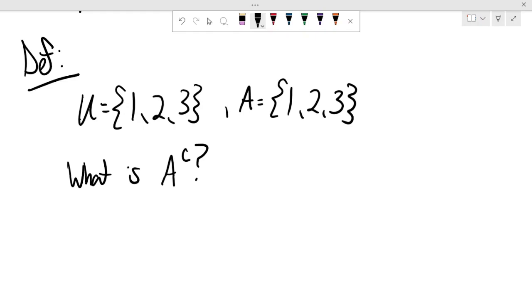So A complement would be all the points that are in U such that they're not in A. But here we don't have any because all of the points in U are also points in A. In other words, A is equal to U. So A complement would be what we call the empty set. So A complement is equal to the empty set. Okay. Well, we don't normally put the set notation around it. So it looks something like this. So typed, it looks just kind of like a 0 or an O with a diagonal line going through it.